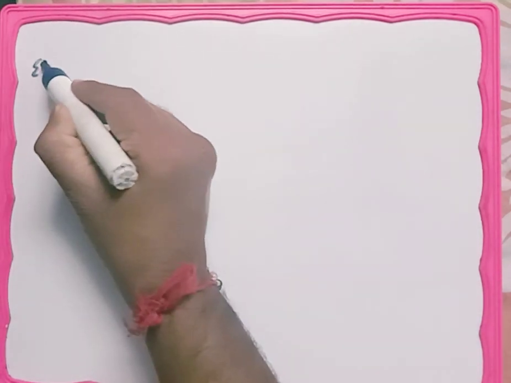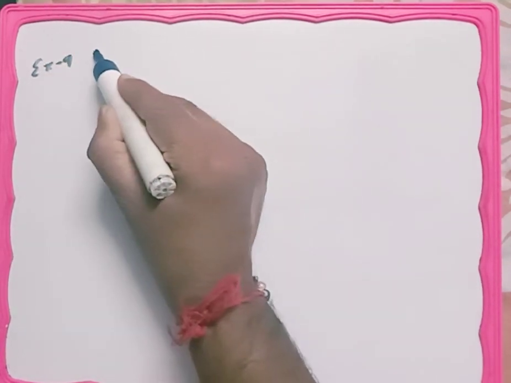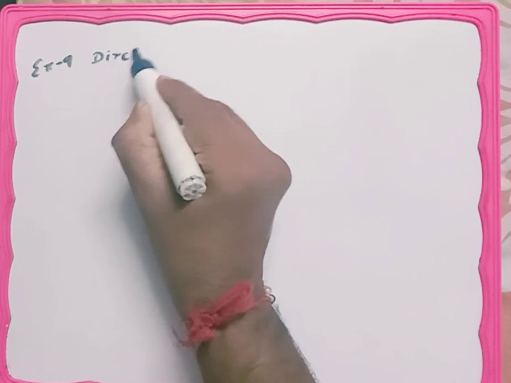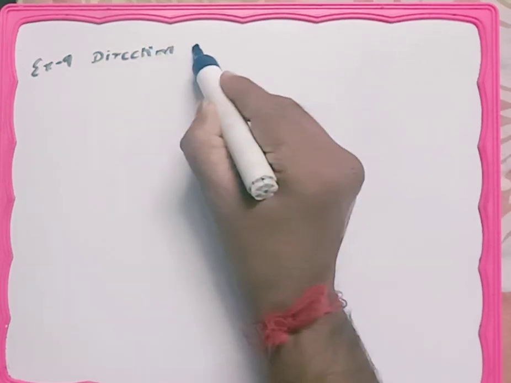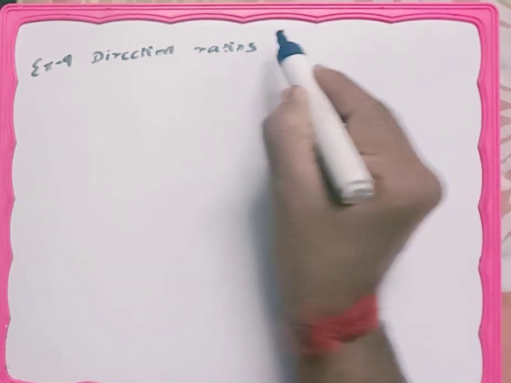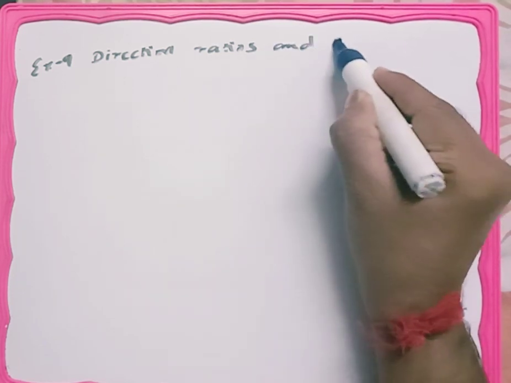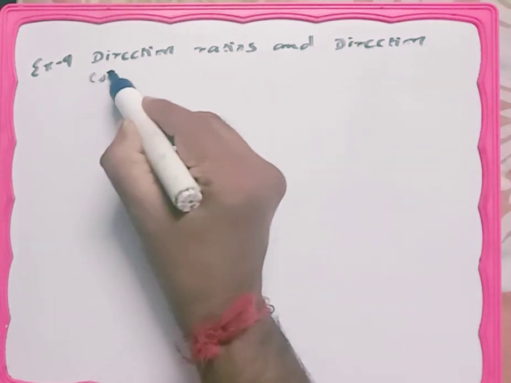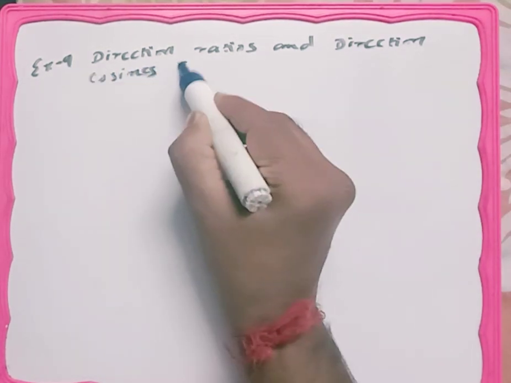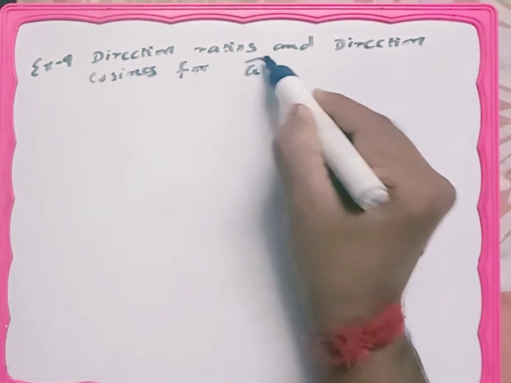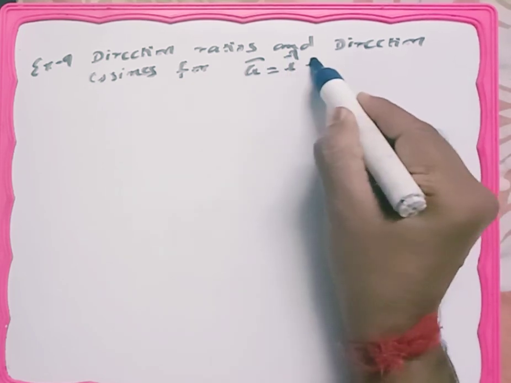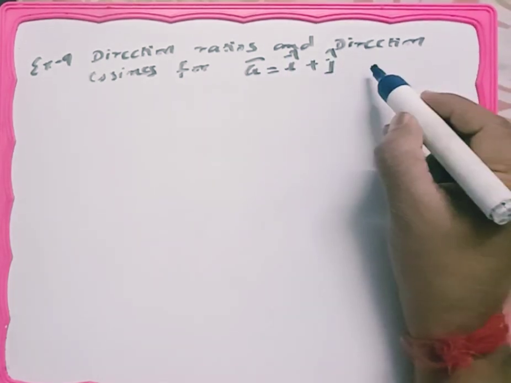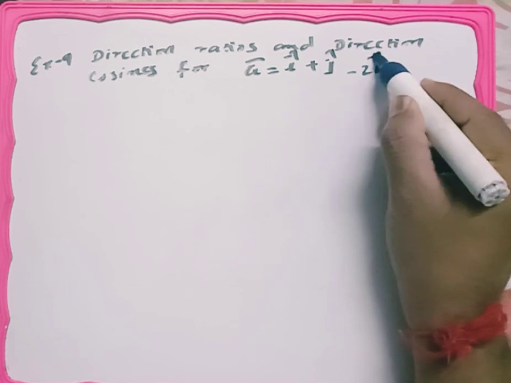Example 9: write the direction ratios and direction cosines for a bar equals i cap plus j cap minus 2k cap.